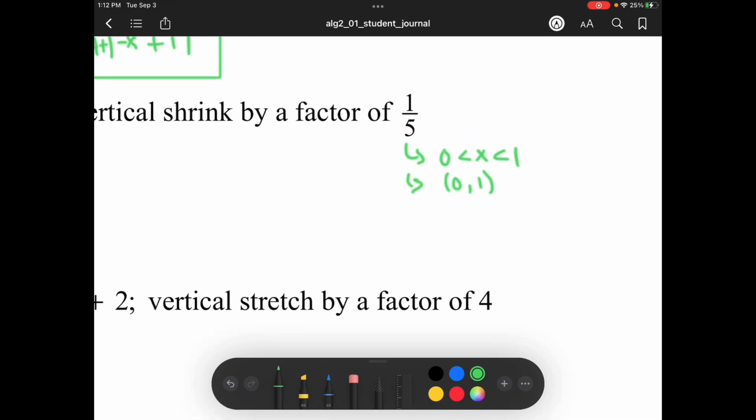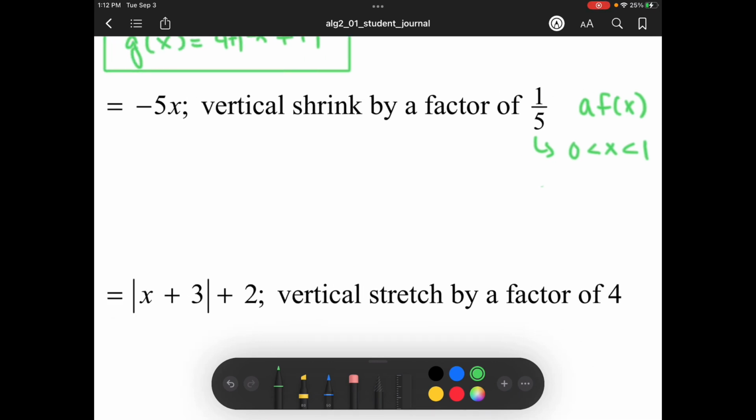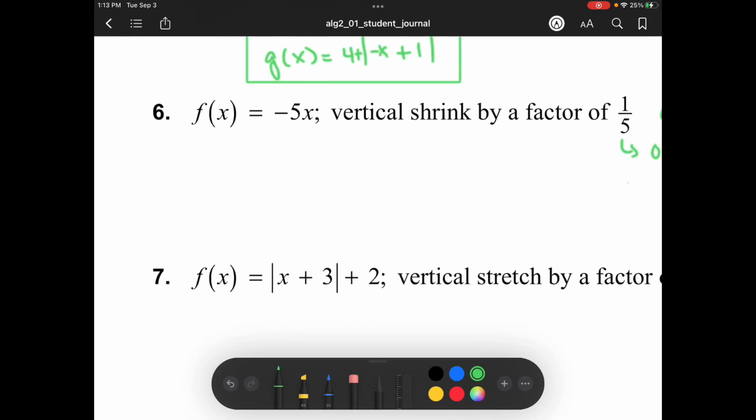Our rule for vertical stretches and shrinks is a times f of x. Okay. When we are talking about a shrink, we're going to choose the fraction. So this one is going to be a equals 1/5 because we're talking about a shrink here. So this is going to look like g of x equals 1/5 times negative 5x, right?